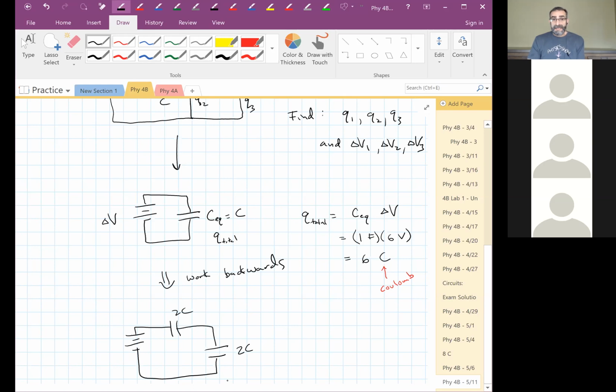So the key here is charge. Now you want to be looking at charge. So you know on this one, Q was 6 coulombs.